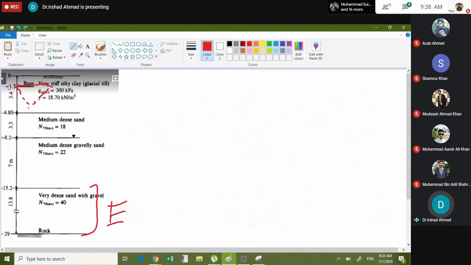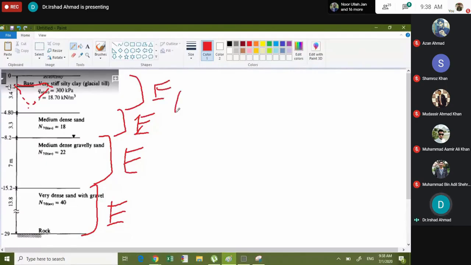And you find E. Similarly, you find E here, you find E here, and you find E here from correlation. This is E1, this is E2, this is E3, this is E4. Then you find average, rather weighted average.